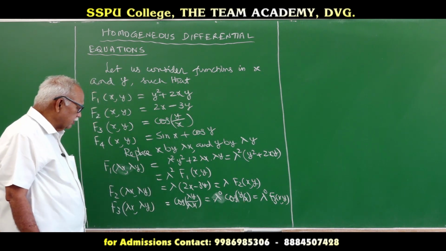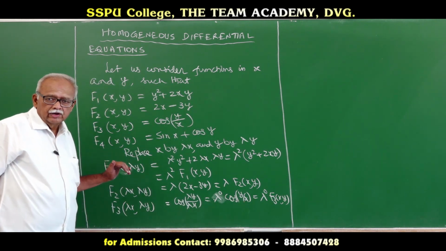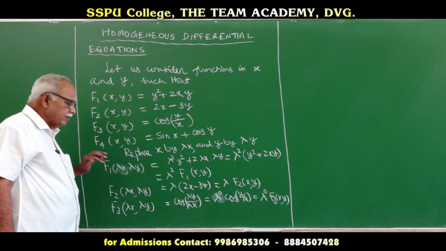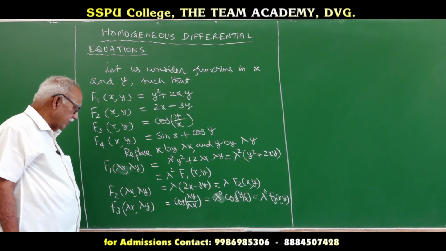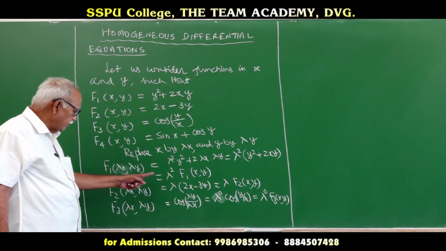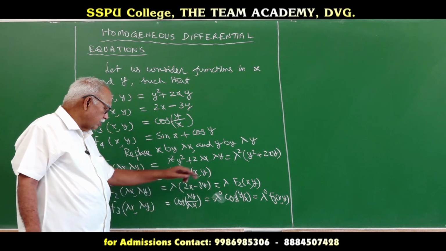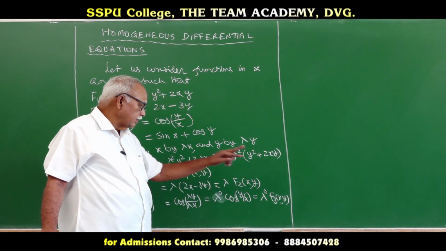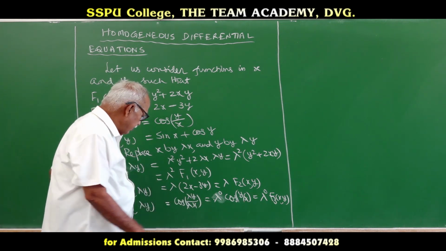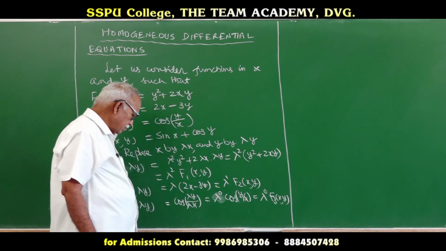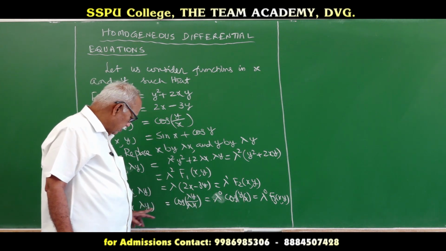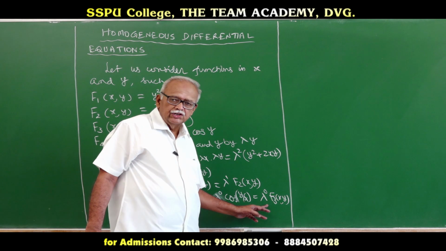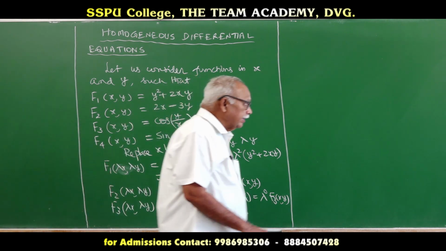Now, you can see we are replacing x by lambda x and y by lambda y. In the first function we got lambda square into f1 of xy, in the second function lambda into f2 of xy, that is lambda power 1. The third, f3 of lambda x, lambda y is equal to lambda power 0 f3 of xy.